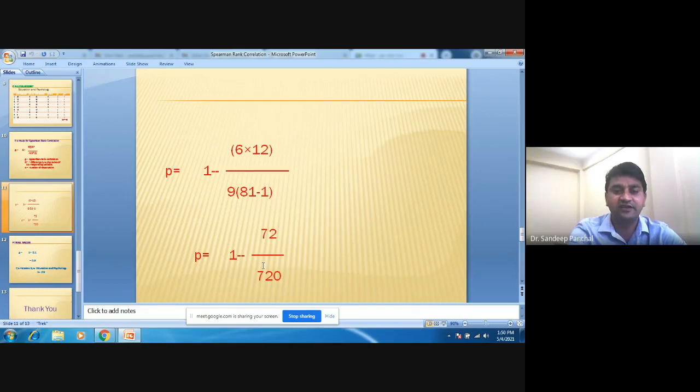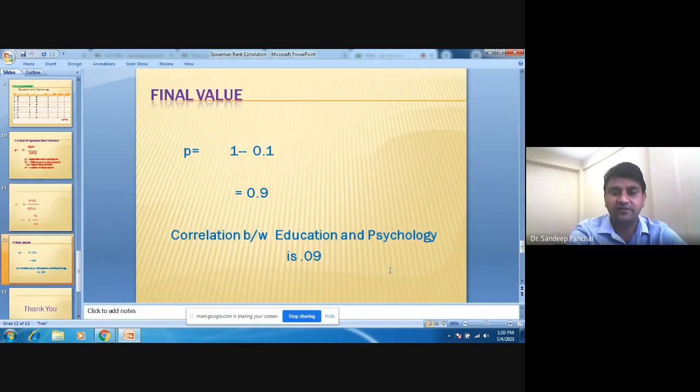Then you will find 1 minus 72 by 720. Then you will find the final value for the Spearman rank correlation, that is 0.9. What is that? 0.9. It indicates the correlation between education and psychology.